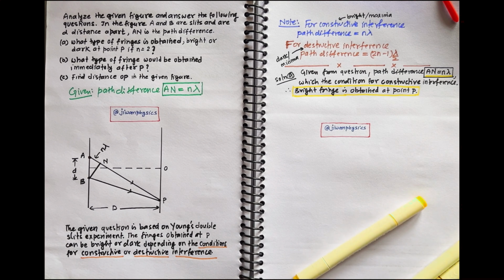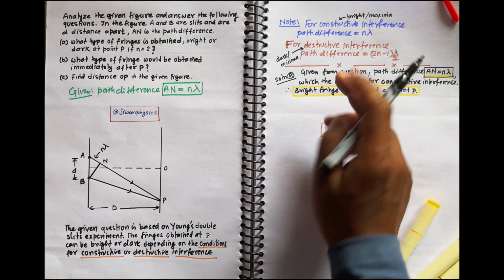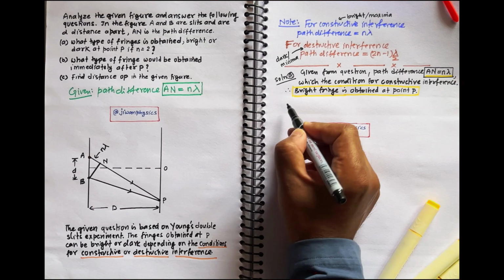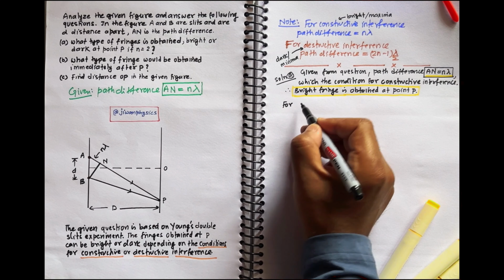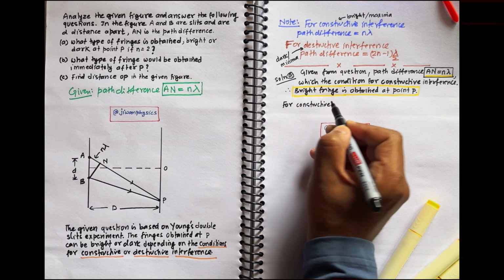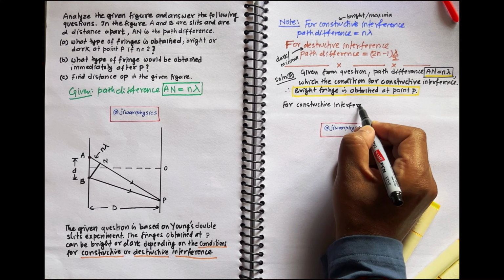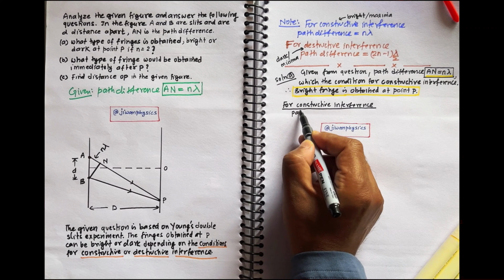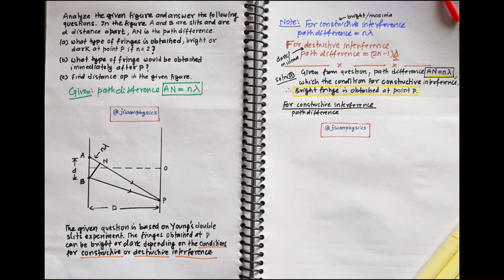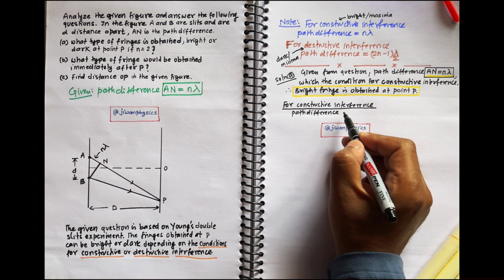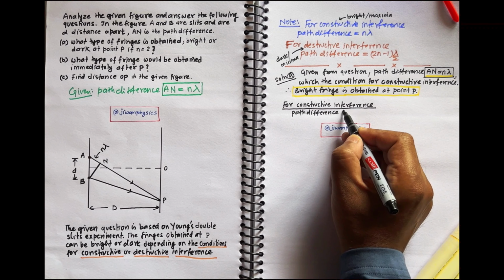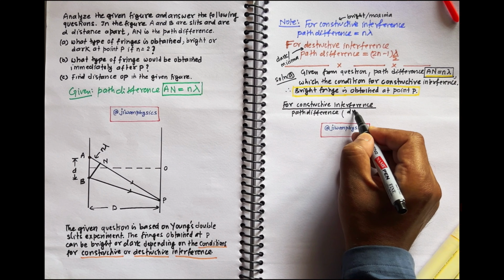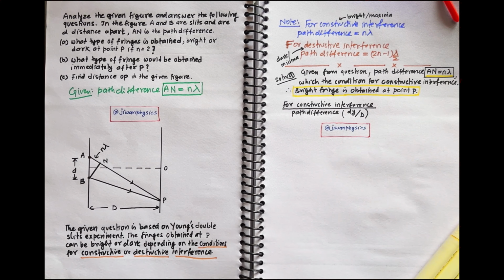Now we know, from the condition for constructive interference, path difference, and what is path difference? Path difference is small d times y divided by capital D. So what is y? Y is the position.